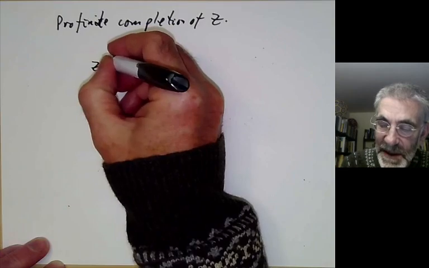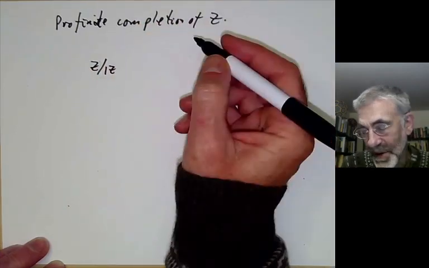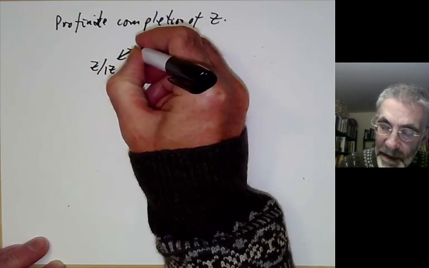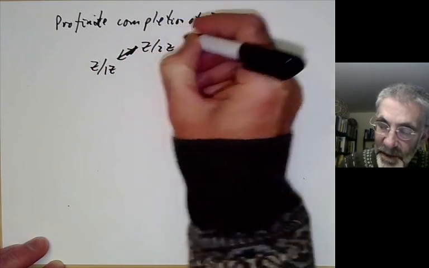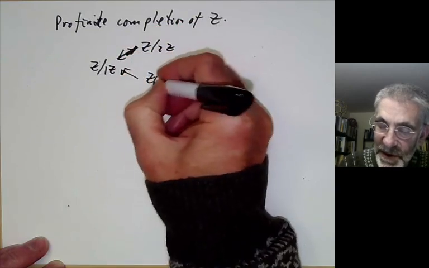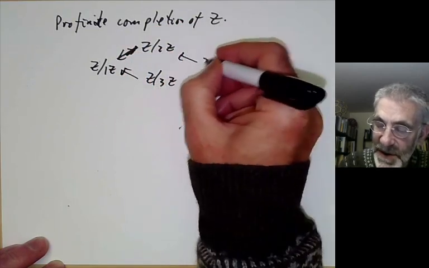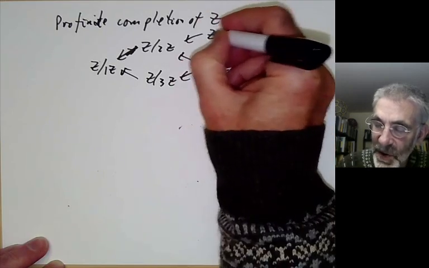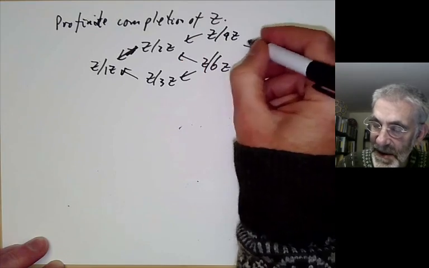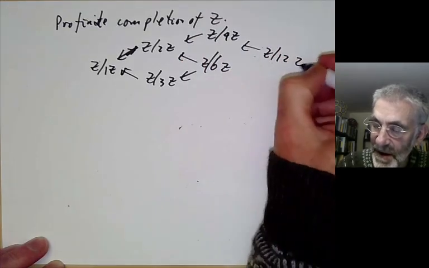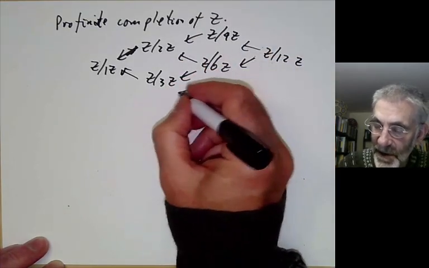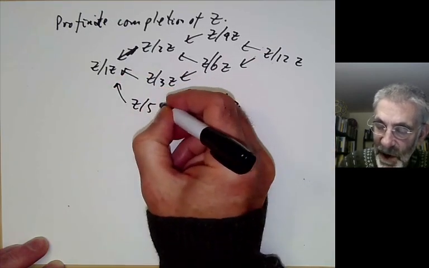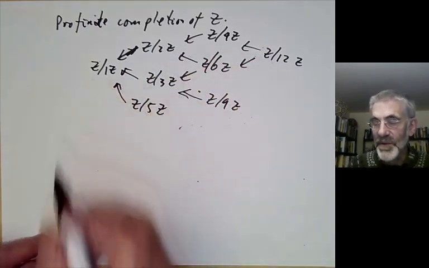So what we do is we take Z modulo 1Z, which is not very exciting, it's just a trivial group, and then we take Z modulo 2Z maps to it, and Z modulo 3Z maps to it, but Z modulo 6Z maps to both of these, and Z modulo 4Z maps to that, and Z modulo 12Z maps to this, and here we've got Z modulo 9Z, so we get this huge, very complicated array of quotient groups.